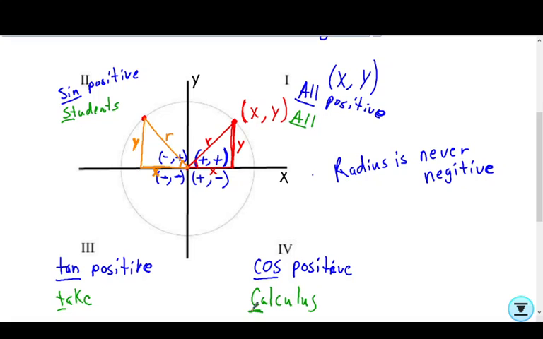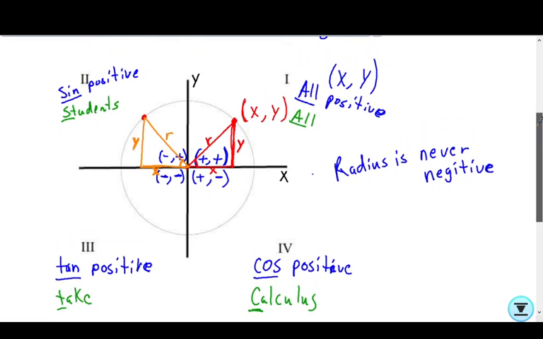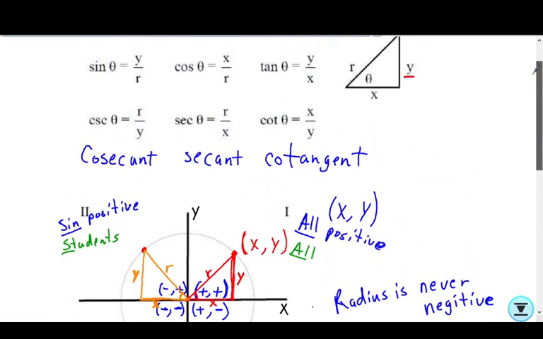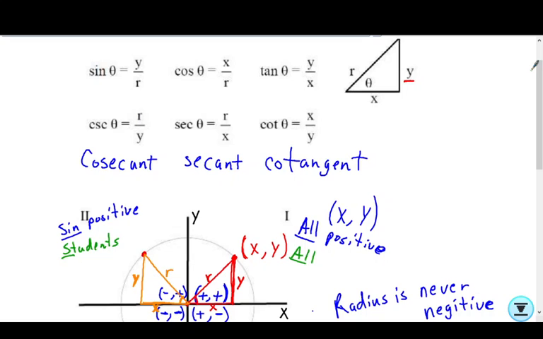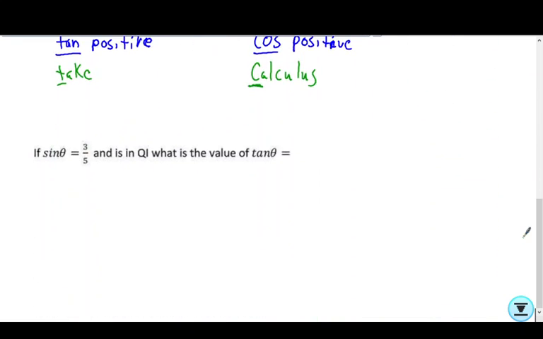So how is this going to help us? All of these things combined, knowing how they relate using this triangle, the circle, and the quadrants, allows us to do problems like this. If sine theta is 3/5 and is in quadrant 1, what is the value of tangent theta?